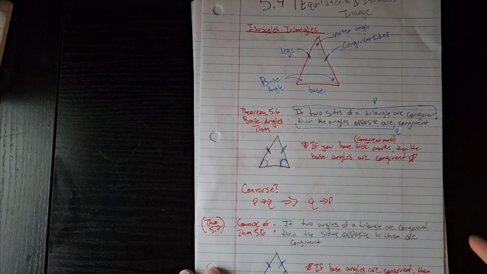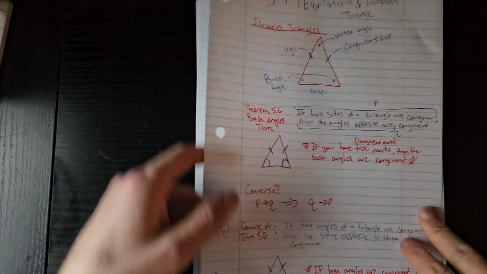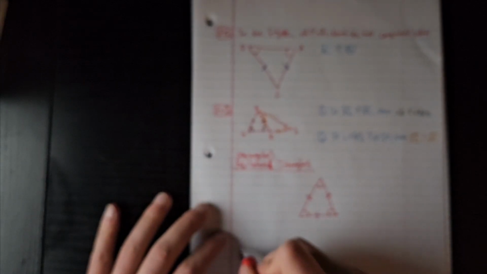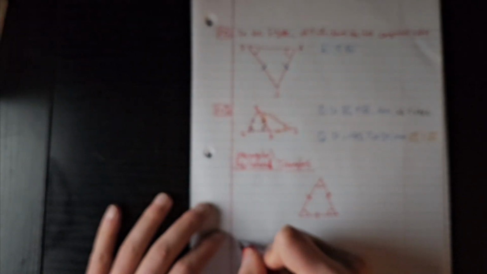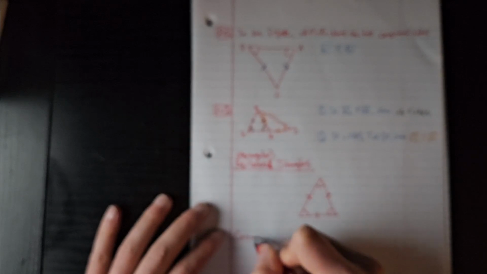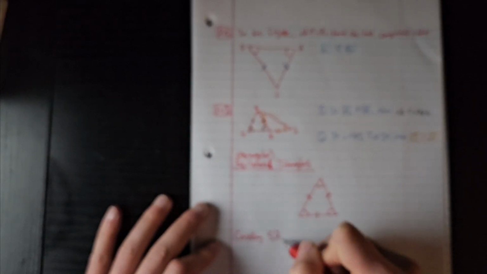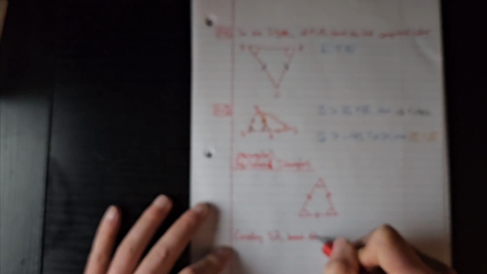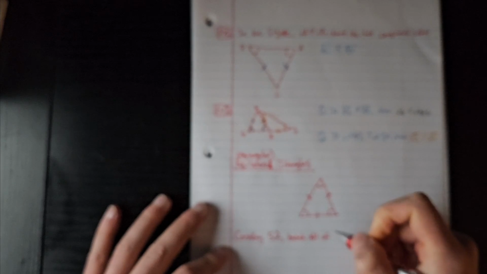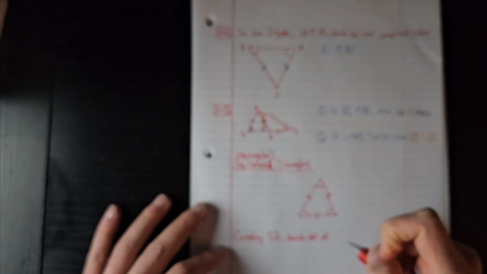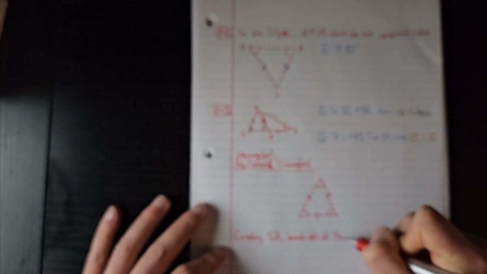I say that because we're using corollaries right now, and they are based off of those 2 theorems. And I forgot to mention that. So Corollary 5.2, based off of Theorem 5.6.